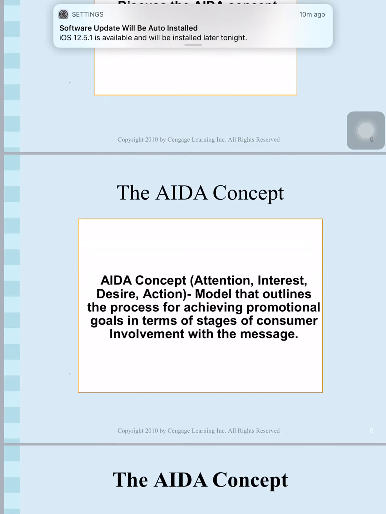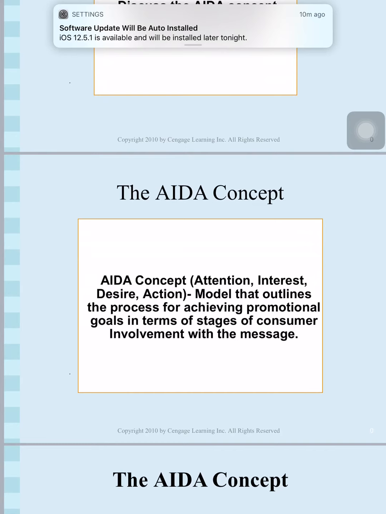Then when the customer is satisfied and the desire is aroused, of course they will take the purchase action. So it's called AIDA, which stands for attention, interest, desire, and action.